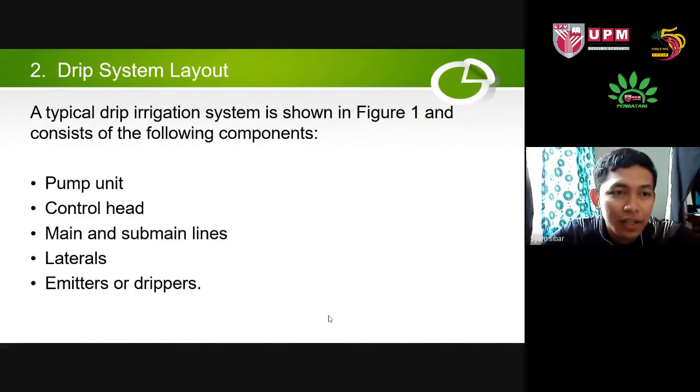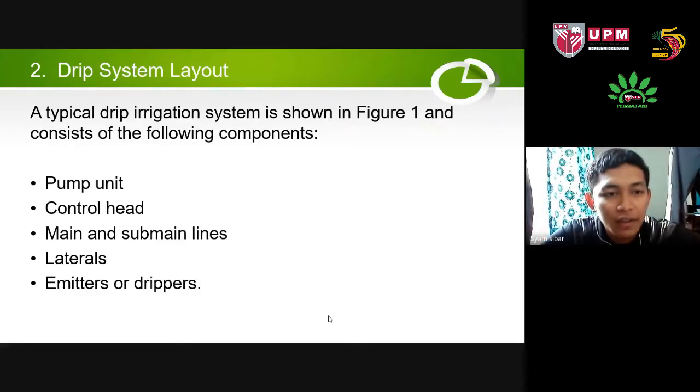Okay, the next is about drip system layout. A typical drip irrigation system is shown in figure 1 and consists of the following components. The first one is pump unit, control head, main and sub-main lines, lateral, and lastly emitters or drippers. Okay, let's move on to the next slide.